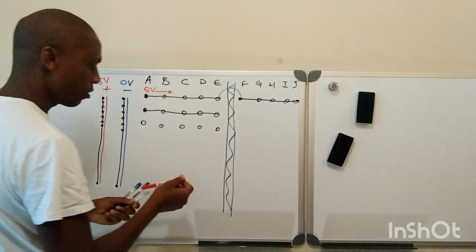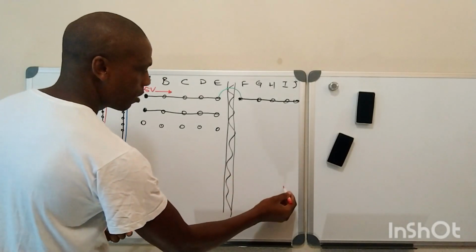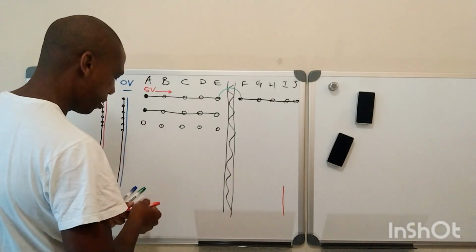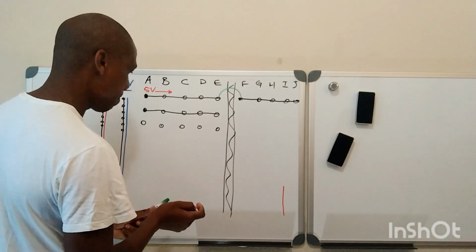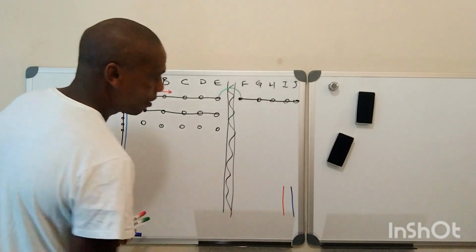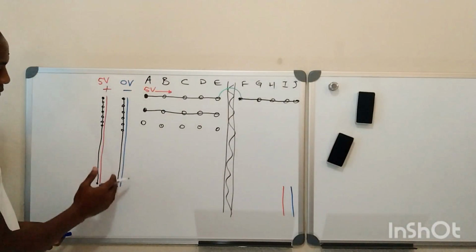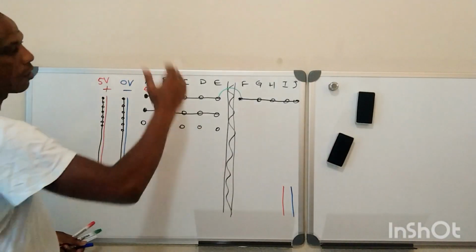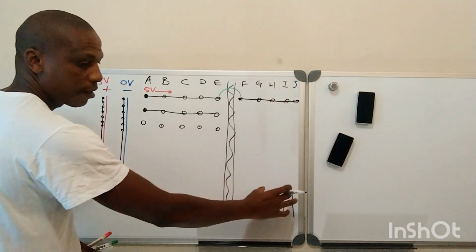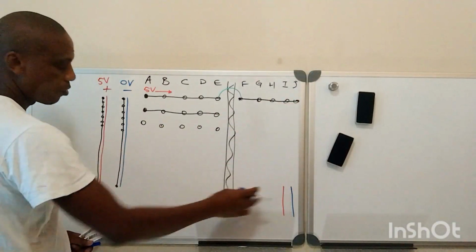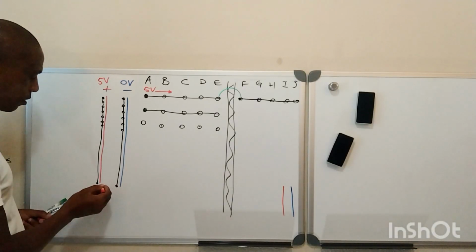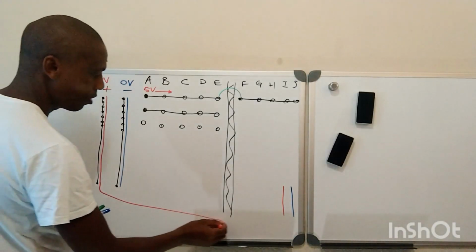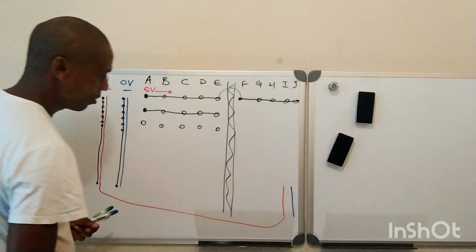Now since I ran out of space, I'm just gonna draw my positive side and my negative side here, like this. If you want to have your 5 volt running on this rail up again, that red and blue, then you'll use a jumper wire from this side of positive to this side.